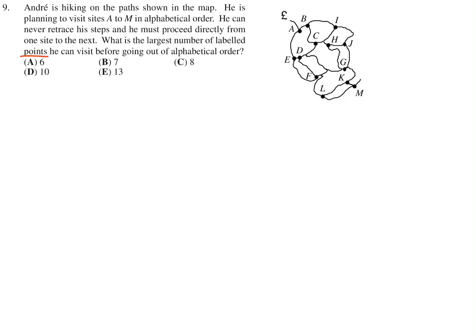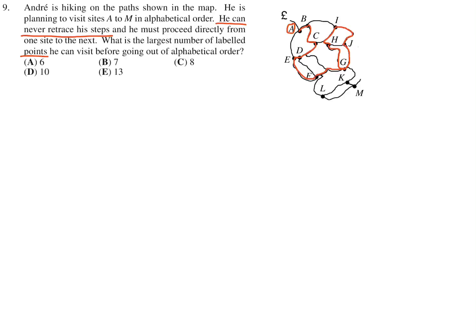All right, let's see. Start at A. We go to B, then C, then D, then E, then F, and then G, H, I, and J. So far I'm okay, but then watch what happens when I go to K. I hit G again. And remember, he can never retrace his steps. So once you hit G, you've put your foot right back on the place you've already been before.